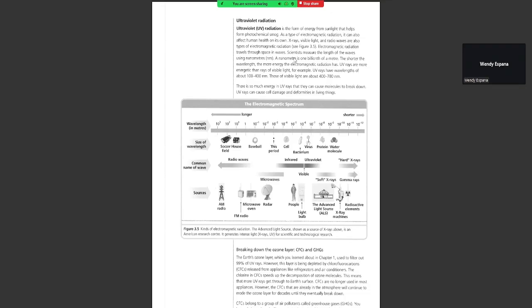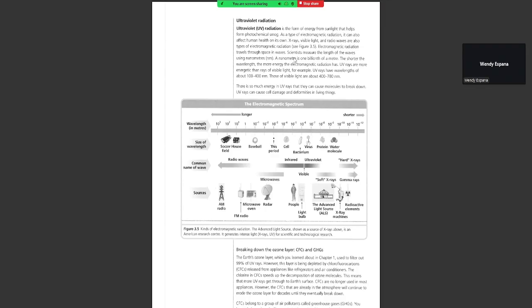And if you recall, the reason there's a hole in the ozone layer is from chlorofluorocarbons. Those are chemicals that used to be in things like refrigerators, air conditioners, aerosol cans. I think they've mostly been banned. I would hope so, now that we know that they are putting a hole in the ozone layer. And they're not used in most appliances now.